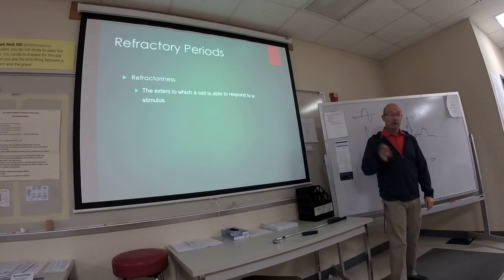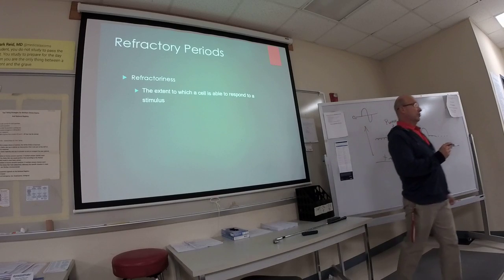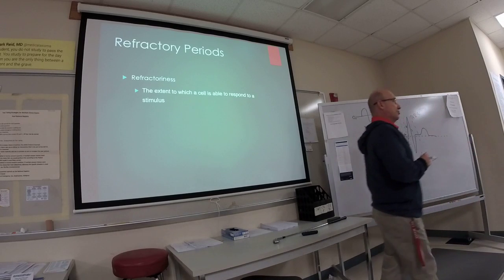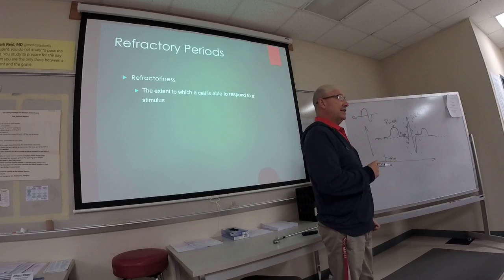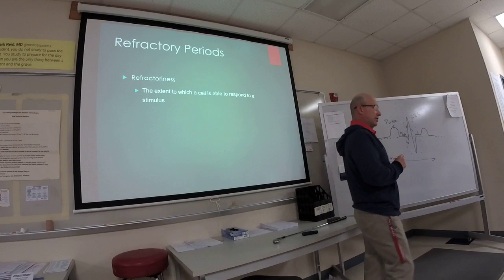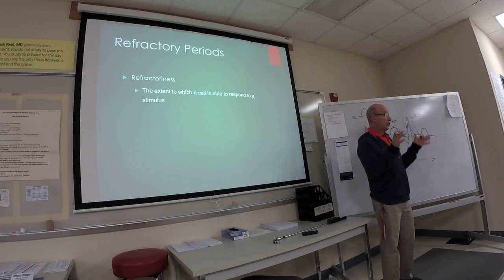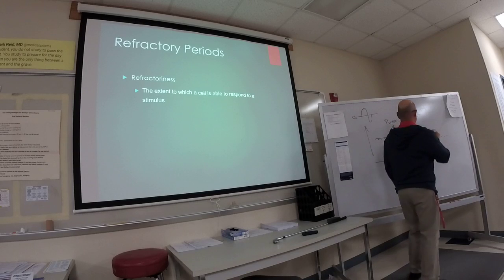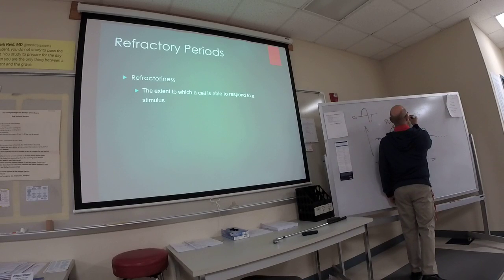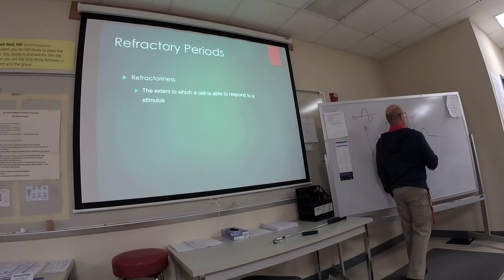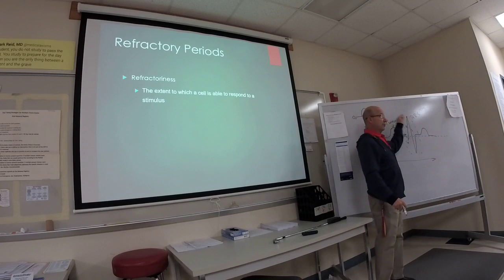The reason that we want to look at this refractory period is because when we get into a dysrhythmia called SVT, supraventricular tachycardia, sometimes they do what's called a synchronized cardioversion, where the EKG monitor itself will focus on this R wave. And the machine will literally put a dot on top of the R wave.